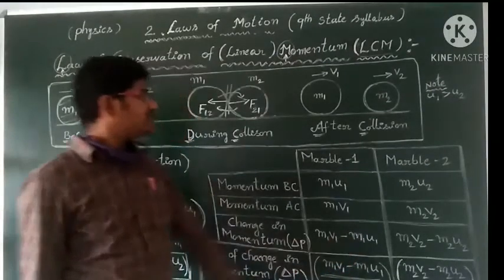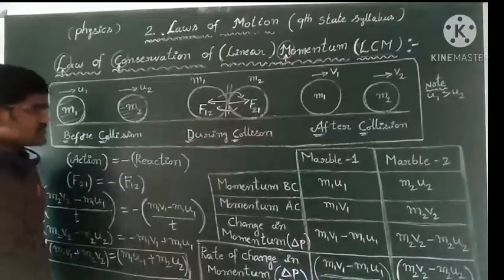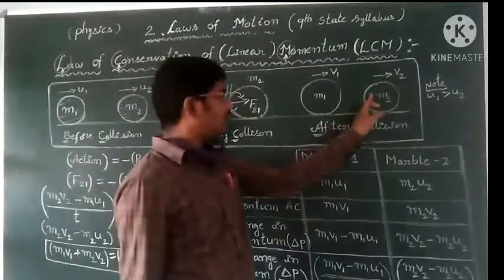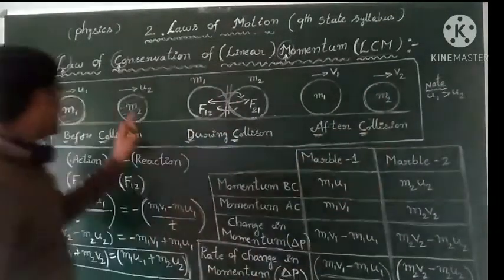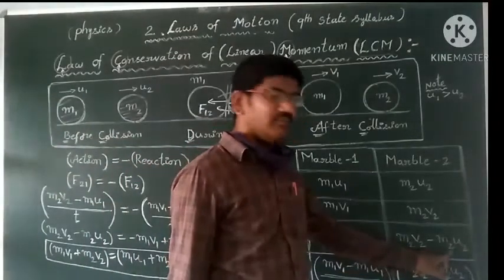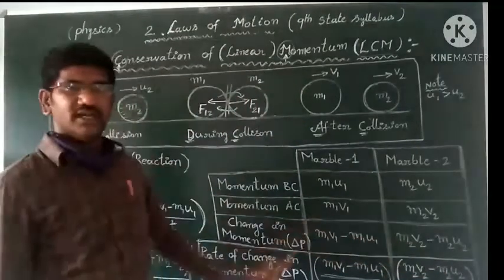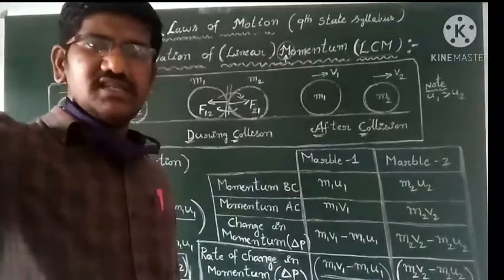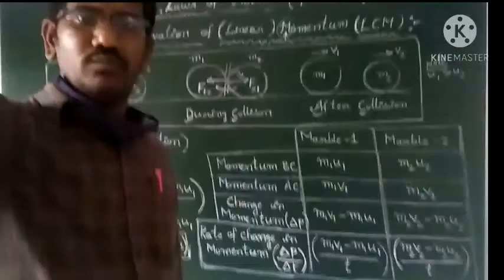Similarly, for the second object, the change in momentum is M2 V2 minus M2 U2.